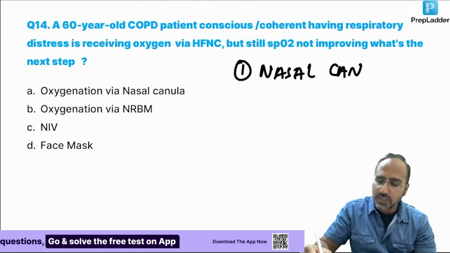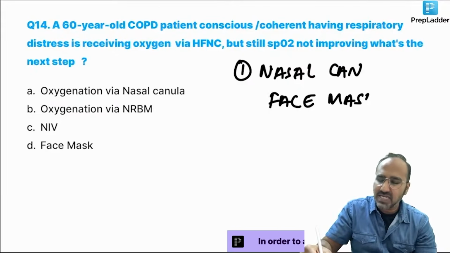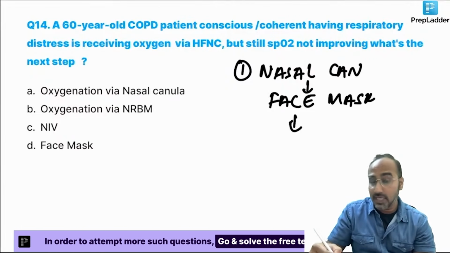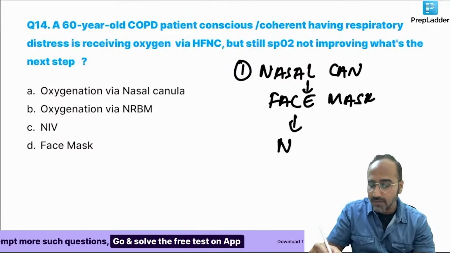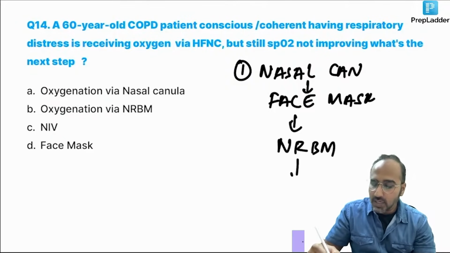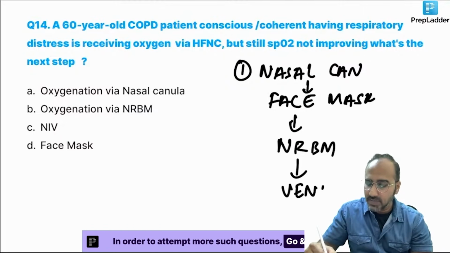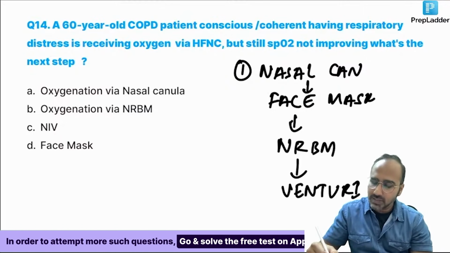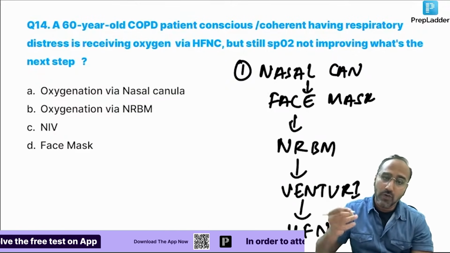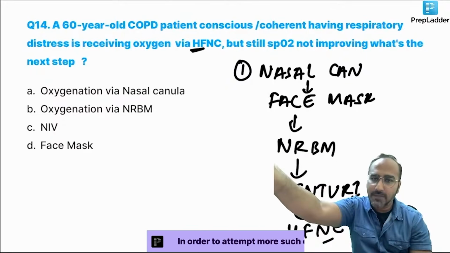If the nasal cannula is not working, then a face mask. If after the face mask saturation is still not improving, then we tell the sister to apply an NRBM. What is NRBM? Non-rebreathing mask. If after the non-rebreathing mask saturation is still not improving, Venturi mask. If after the Venturi mask it is also not improving, high flow nasal cannula you have to give. But over here in our question, the high flow nasal cannula, that is, all other masks were already applied.